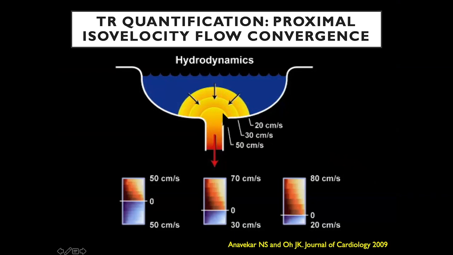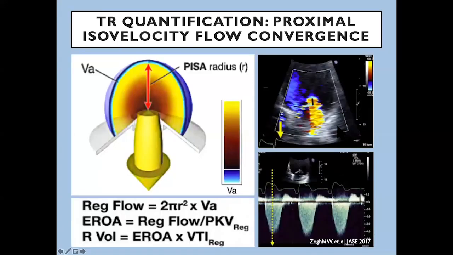The flow rate at a surface of a hemispheric shell with the same flow velocity, or the isovelocity, should be equal to the flow rate across the regurgitant orifice. So by adjusting the Nyquist limit of the color flow map, the flow velocity of one of these hemispheric surfaces can be obtained, and that way we can use that to calculate the effective regurgitant orifice area.